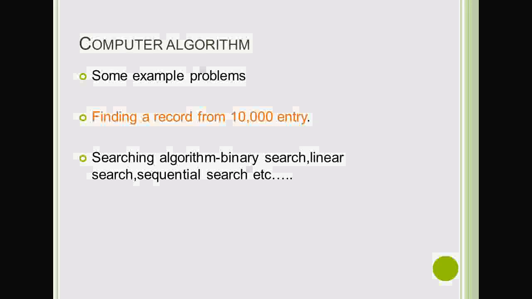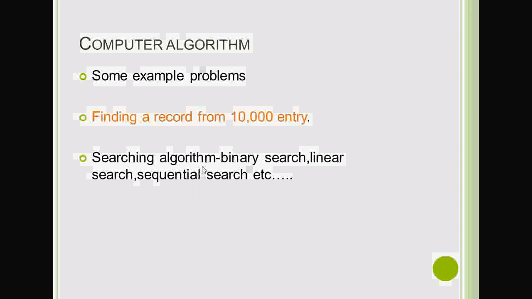The computer algorithm is the one which is going to solve a problem while you are writing a computer program. This algorithm will give you an idea of the steps or process to be followed while solving that particular problem. Here a lot of algorithms are there to solve a single problem. Binary search is one algorithm, linear search is another, sequential search is another.